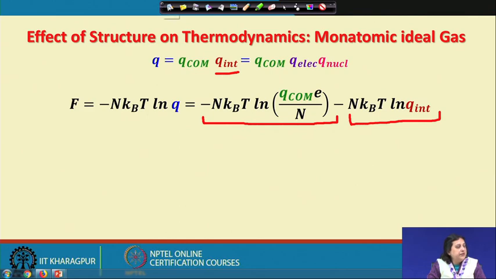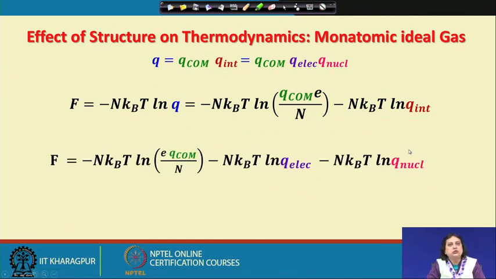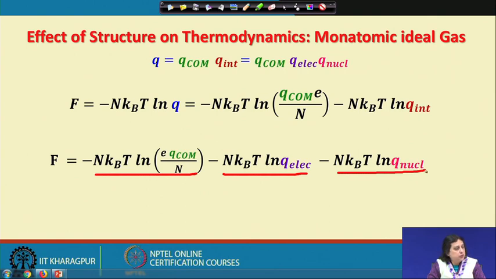So, we can very easily identify that F, corresponding to these three terms here, will have three different contributions: one corresponding to q COM, one corresponding to q electronic and the other corresponding to q nuclear.